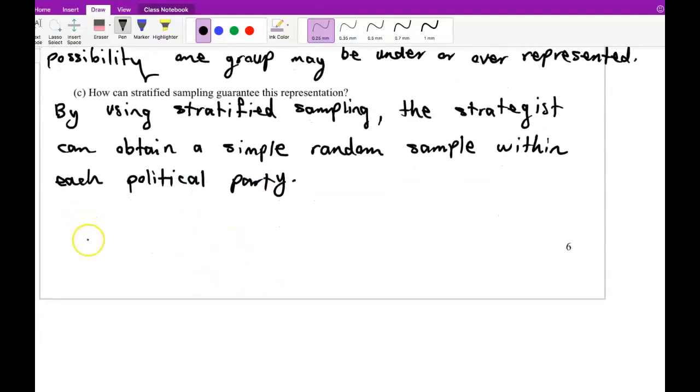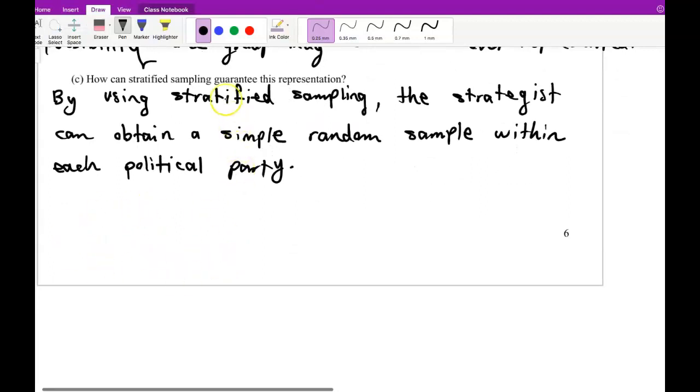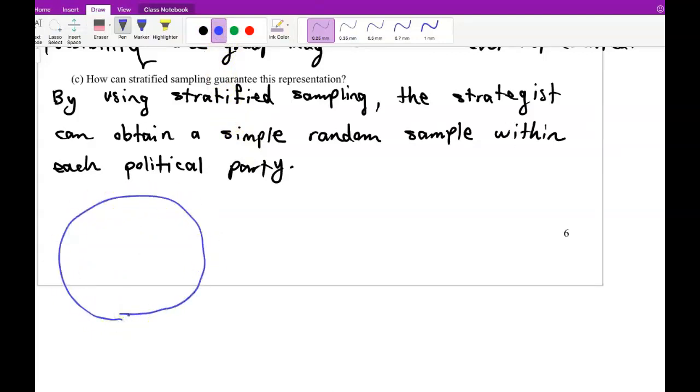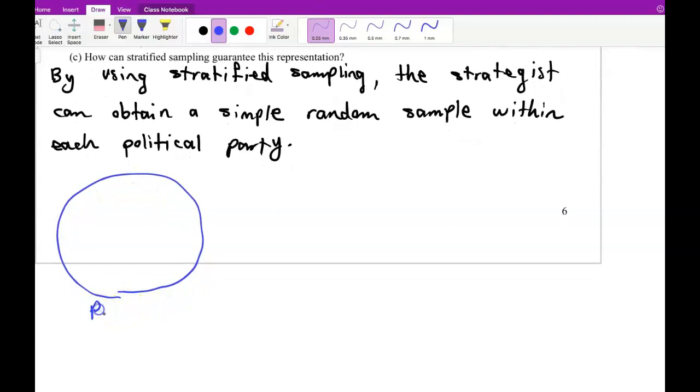Okay, I want to draw this. You don't need to draw this, but I want to explain this more. So this is our population. We have all individuals here inside, and we don't know how many we have here. Then after that, we have three groups. This part is the strata.